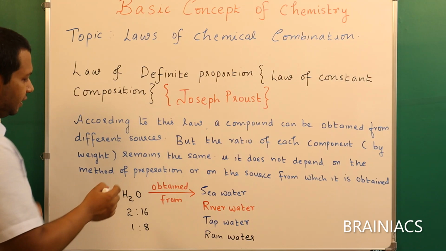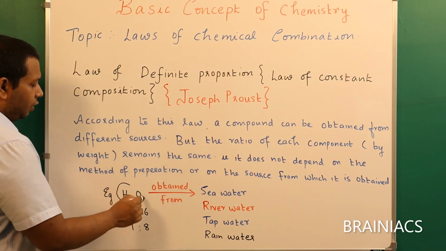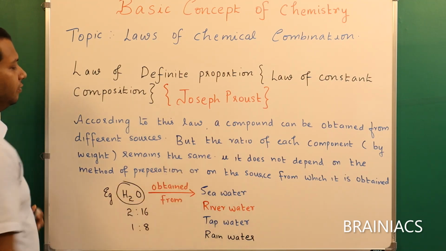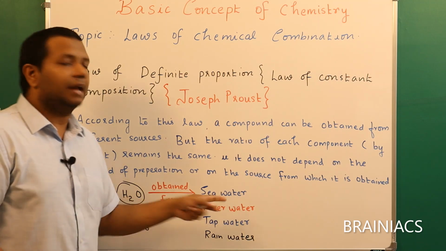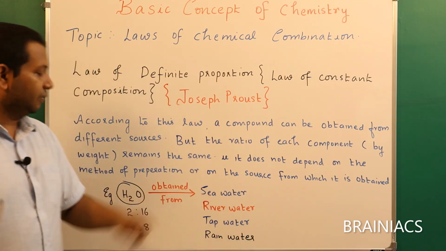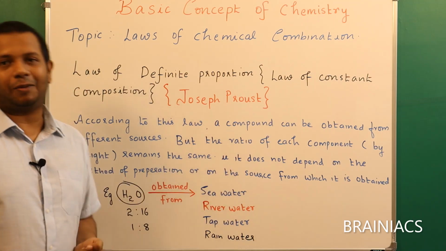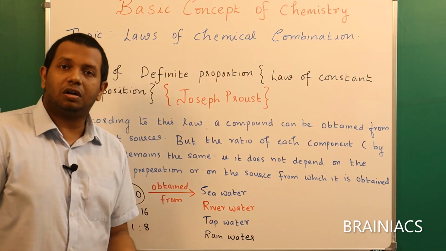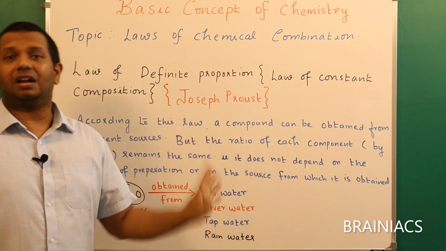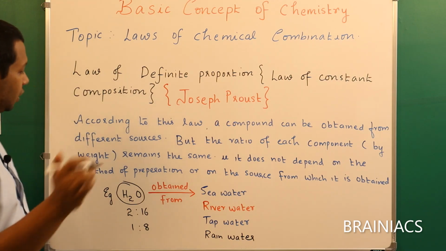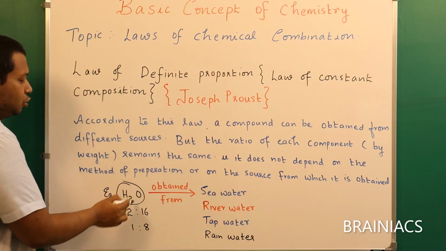For example, consider the example of water. We know that water can be obtained from different resources. It can be sea water, river water, tap water or pipe water, rain water, Ganga water, or wherever water it is. The formula of water is what? H2O.